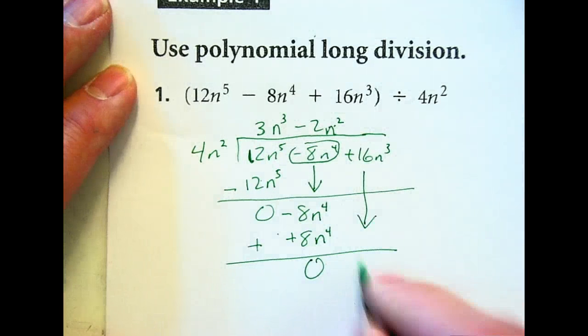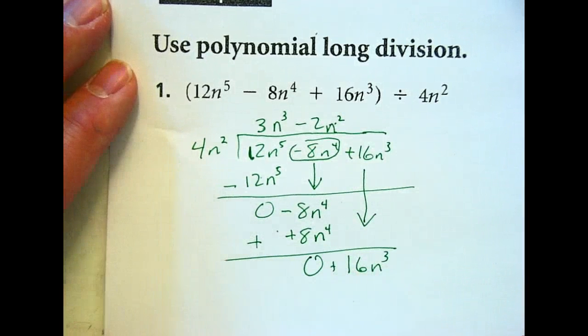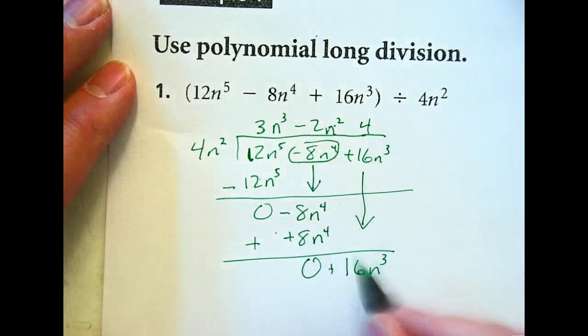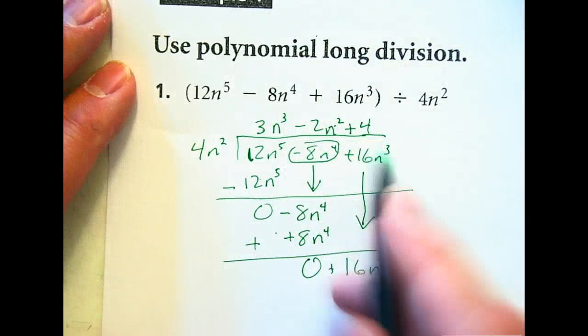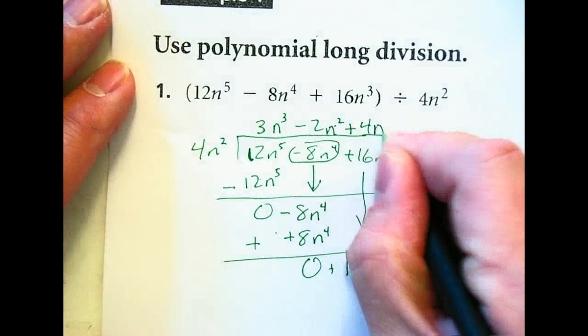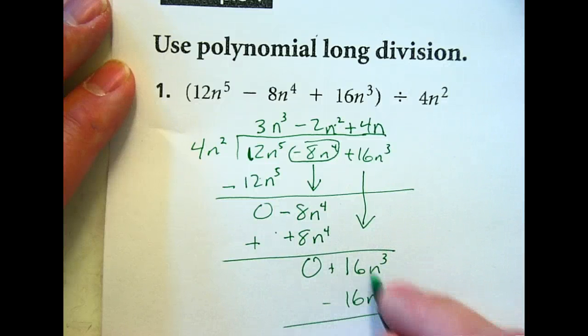We bring down 16n to the 3rd. 4 times what is 16? 4. Okay, and it's a positive 4, so that's a plus there. n squared times what is n cubed? n to the 1st. Okay, we multiply, we get 16n cubed. We subtract, we get 0.